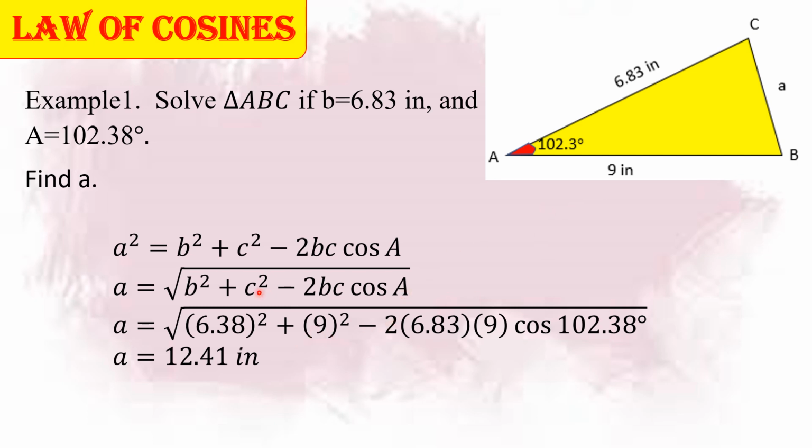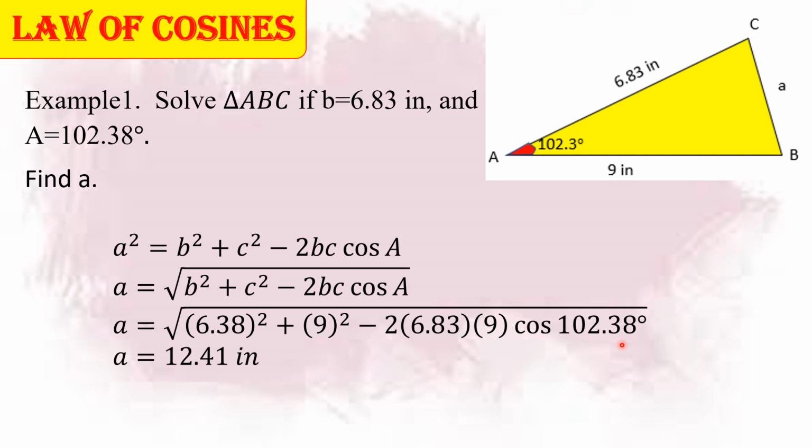So 9 squared minus 2 times the side B, which is 6.83, times C, which is 9. So 9. And then times cosine A. What is the measurement of the angle A? That is 102.38 degrees. Okay, and the next is just input that in your calculator.